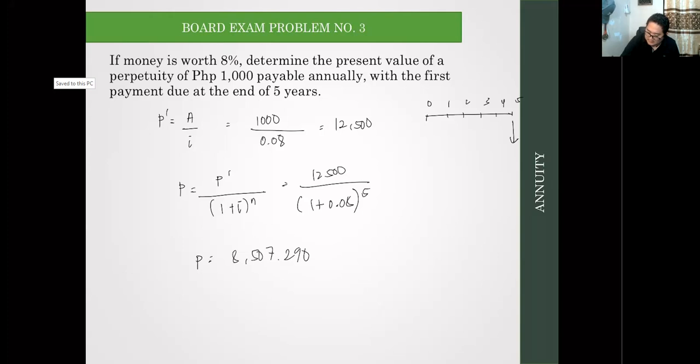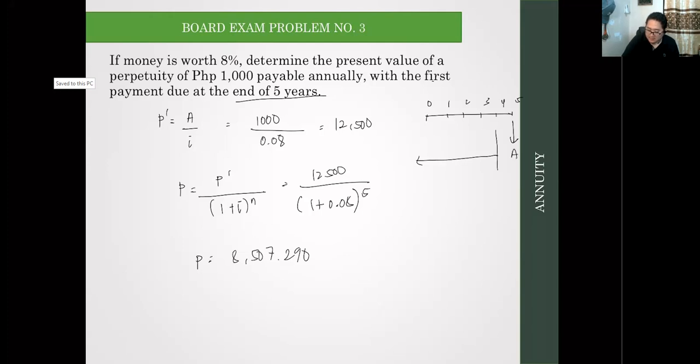So, at the end of 4 years, okay. So, dapat 4 years lang gagamitin natin, kasi with the first payment due at the end of 5 years tayo. So, dito pa siya sa 5 years mag-start yung amortization natin.